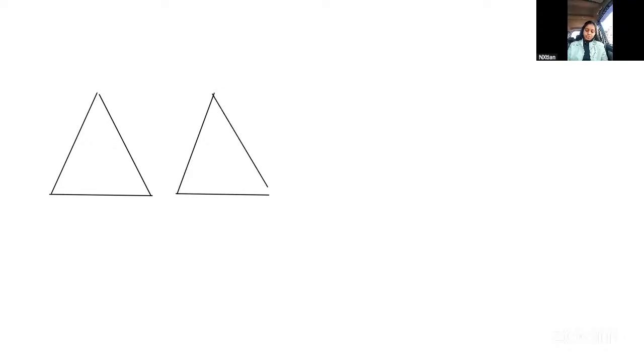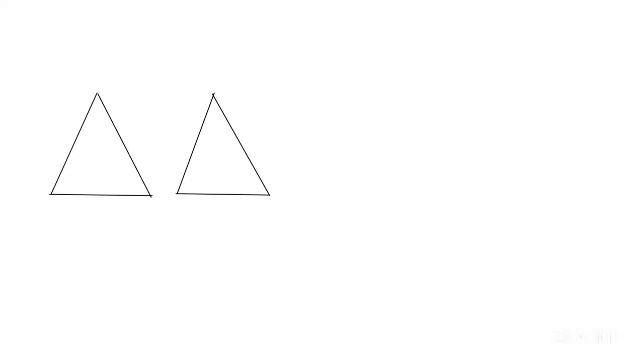Can you see the two triangles? Now, I want to know if these triangles are congruent to each other or not. What I will do is follow the ASA rule.